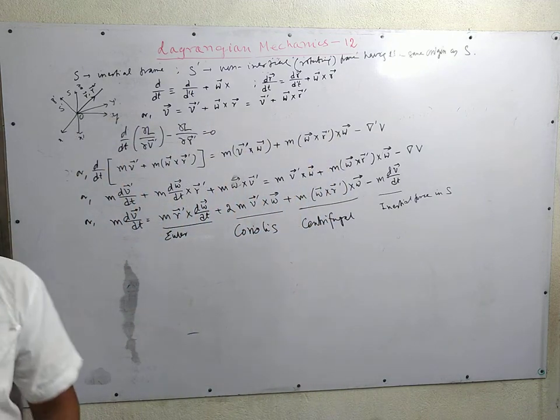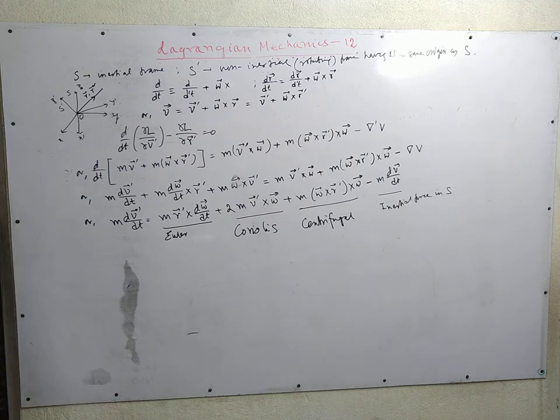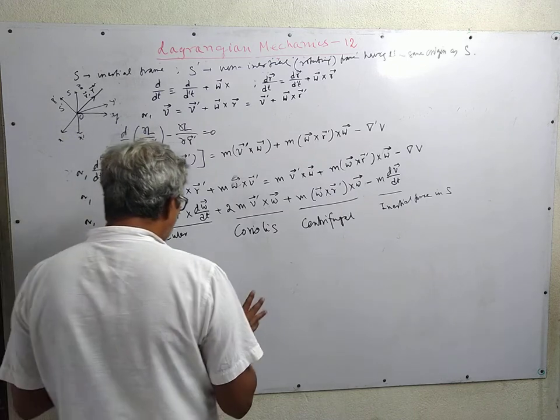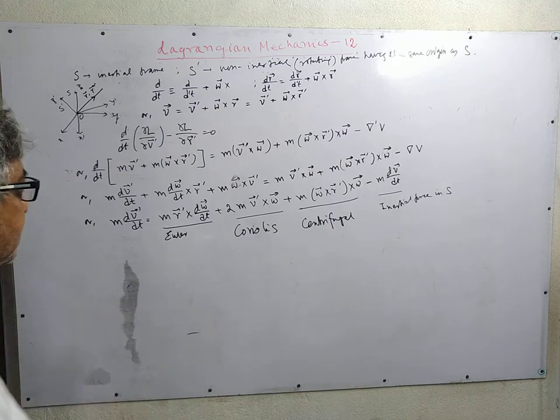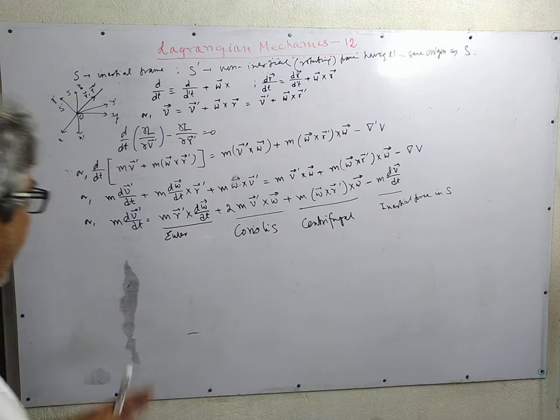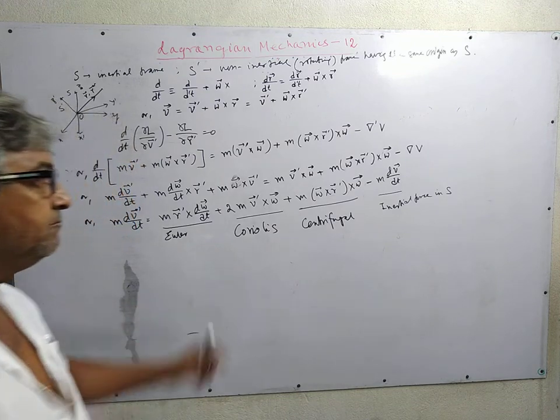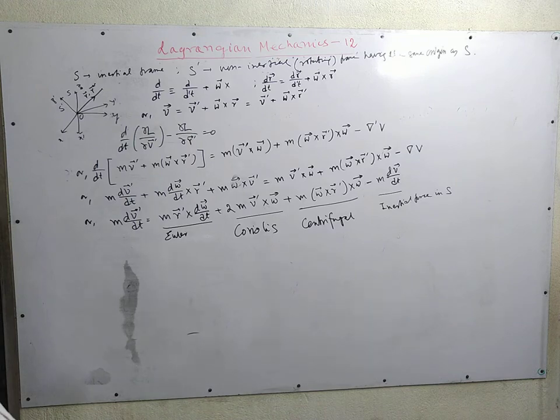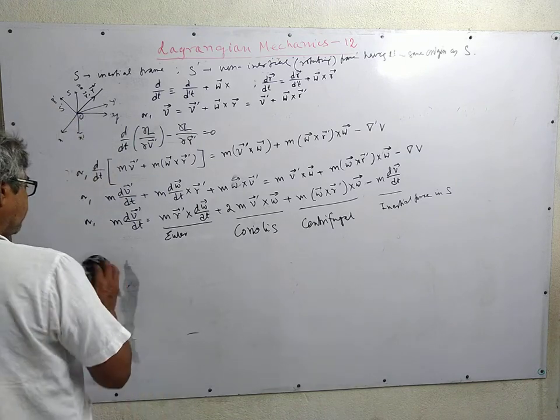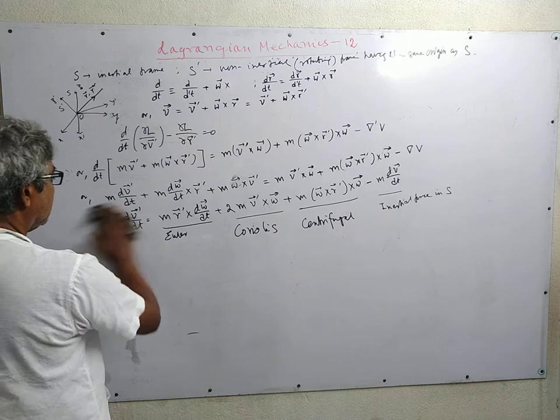So this is the relation that we are habituated with. We get the same relation through Lagrangian formalism. There is another mathematically sophisticated way of arriving at the relation. Let me also describe this.